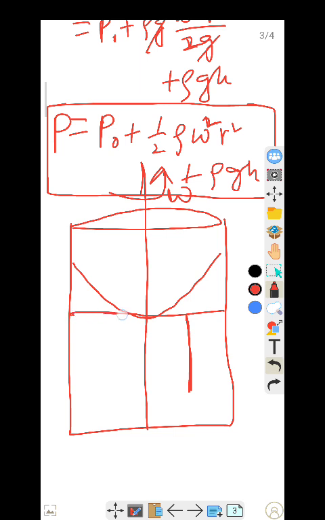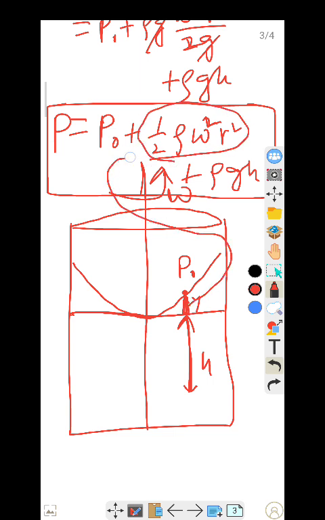I draw a horizontal flat line at the bottom of the cone. This is our H, this is my Y, and this is my open surface point P naught, the atmospheric pressure at this point, and then there is an additional pressure.